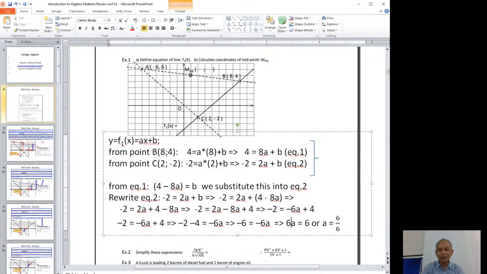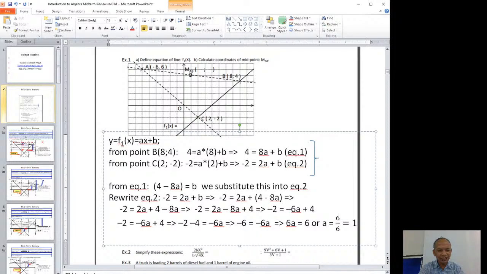Jump over to the right, it goes down, so we get a equals 1. That's easy. So now we know the coefficient is 1. Everybody see that it's correct: a equals 1.